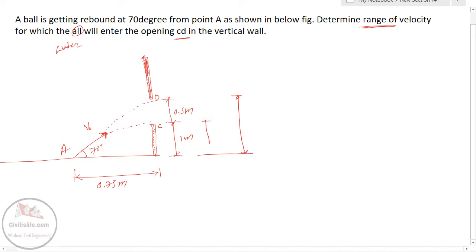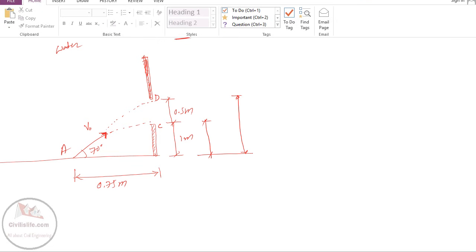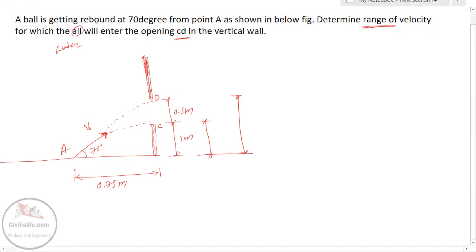So it has to travel two distances along the y-axis. One is 1 meter, so I am calling this y1. So y1 is equal to 1 meter and y2 is equal to 1 plus 0.5, it is 1.5 meter.